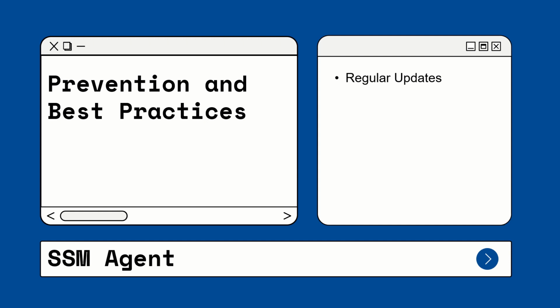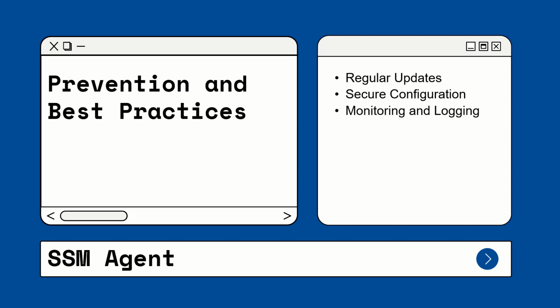Updating helps you patch security vulnerabilities and adds new features to enhance protection. Second is secure configuration. Follow the AWS security recommendations and best practices for the SSM agent configuration. Pay particular attention to authentication settings, access control, and permissions.